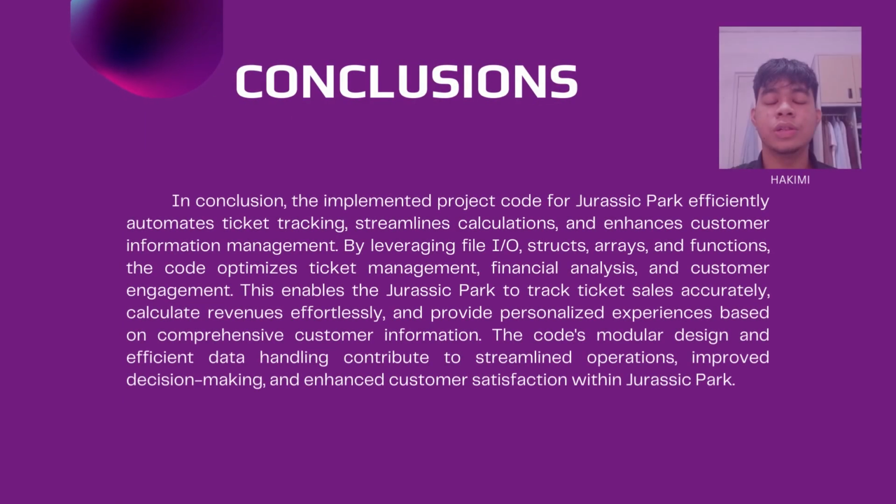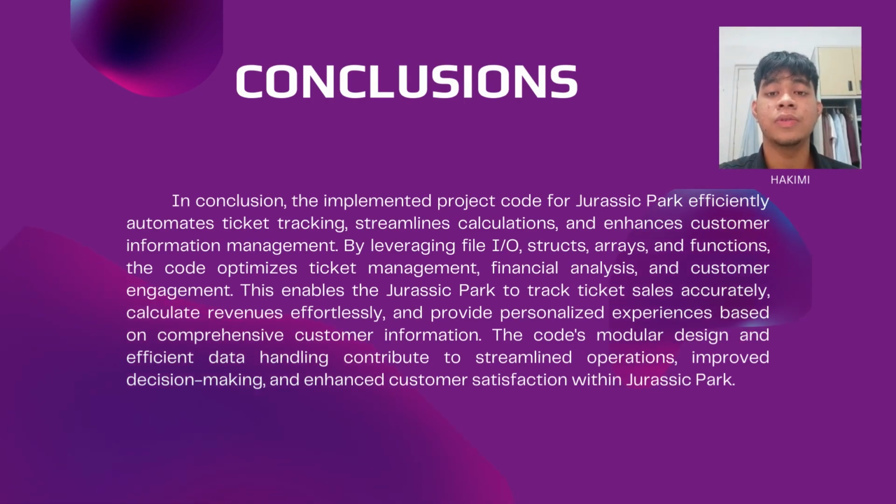In conclusion, the implemented project code for Jurassic Park efficiently automates ticket tracking, streamlines calculation, and enhances customer information management. By leveraging file input-output, struct, array, and function, the code optimizes ticket management, financial analysis, and customer engagement.